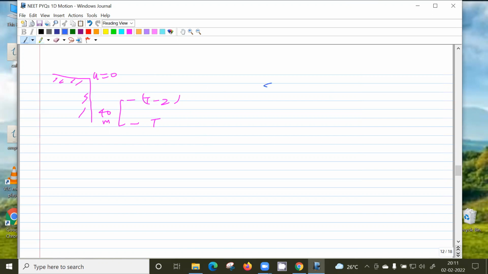Can you relate the displacement at time t and the displacement at time t minus 2? Displacement at time t is half g t square, and this is half g (t minus 2) square plus 40. So now we have to find the height of the tower.